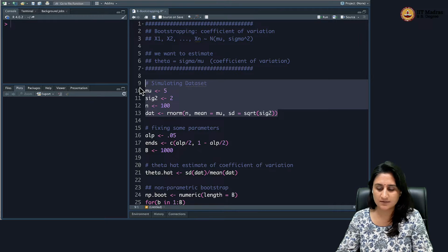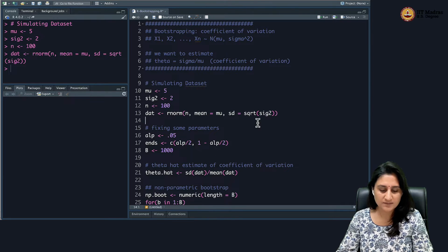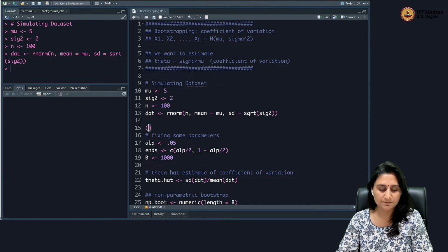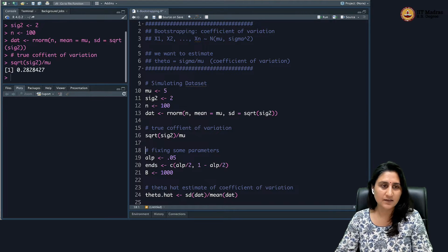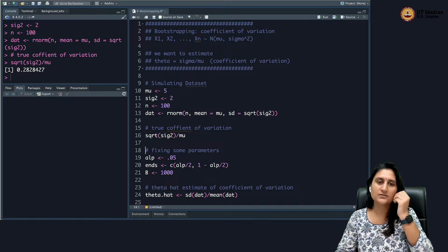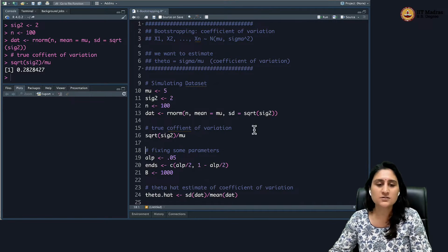We'll change that in a little while. If I just do the square root of sig2 divided by mu, this is my true coefficient of variation, and this value is 0.28. Okay, so that's my true coefficient of variation.